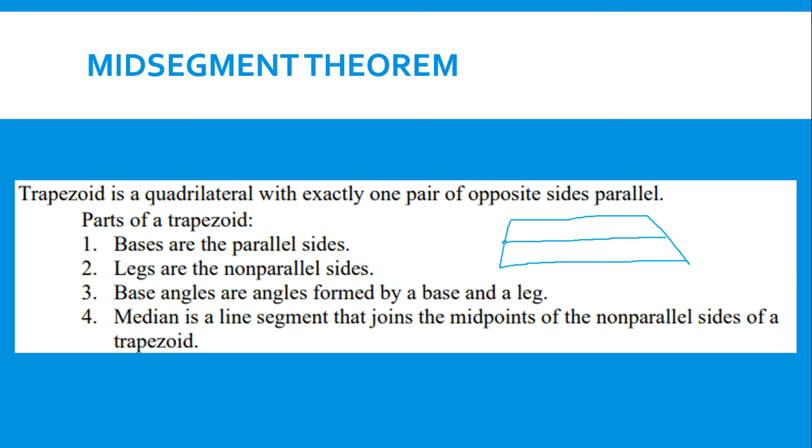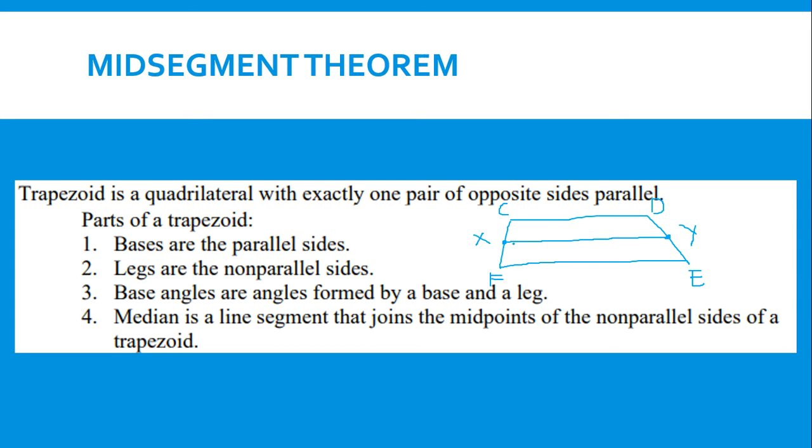Like in the triangle, it creates midpoints. If there is a midpoint, it divides the sides of the trapezoid into two equal parts. For example, let's name the vertices C, D, E, F. Then the median or mid-segment is XY.